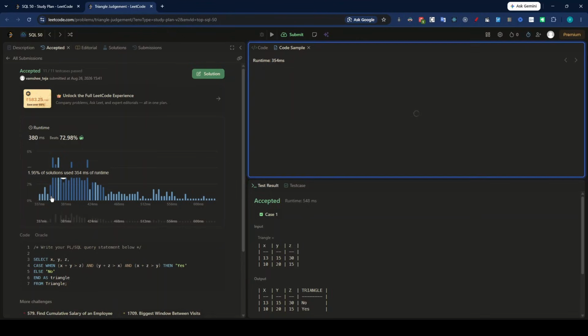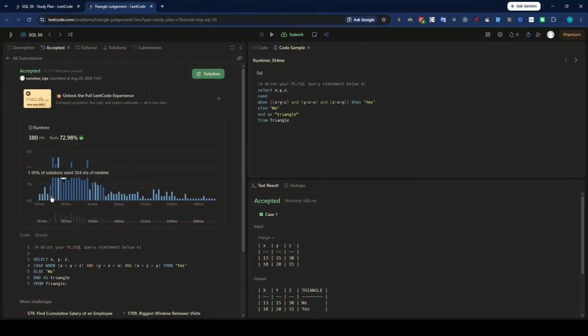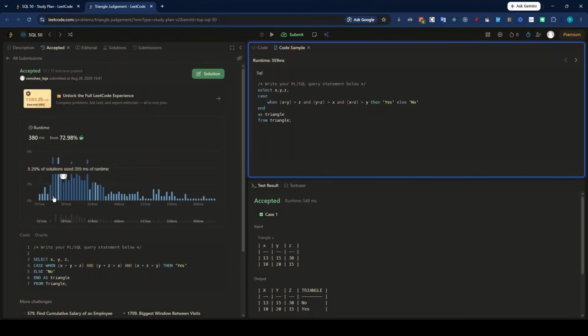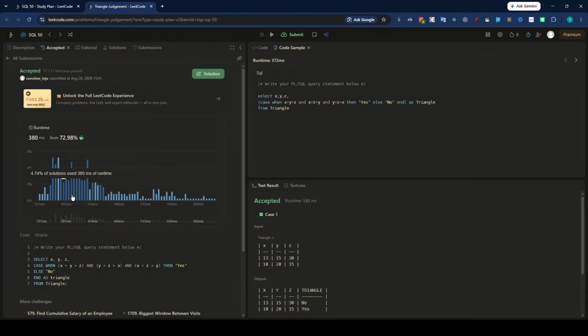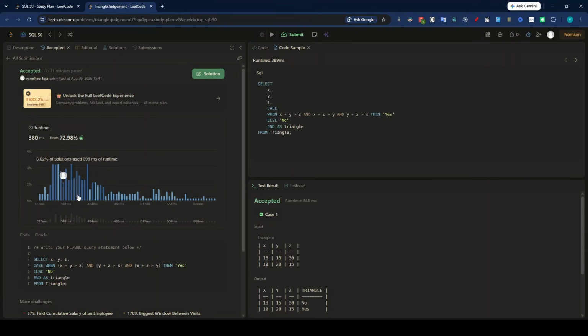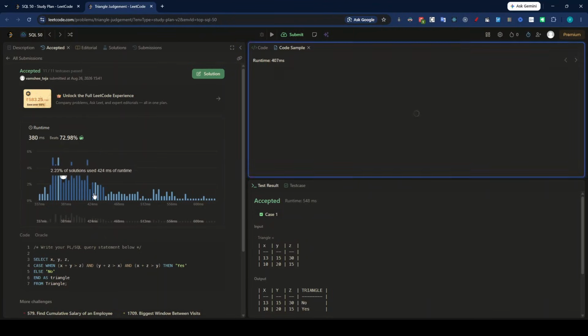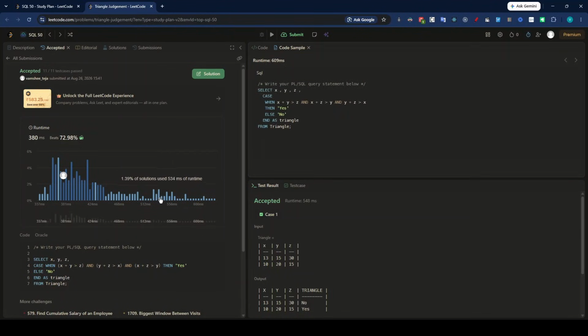Let me check if I can find any new solution. No, I am only getting PL SQL. Everybody has used case when only. I think we cannot do it with if.